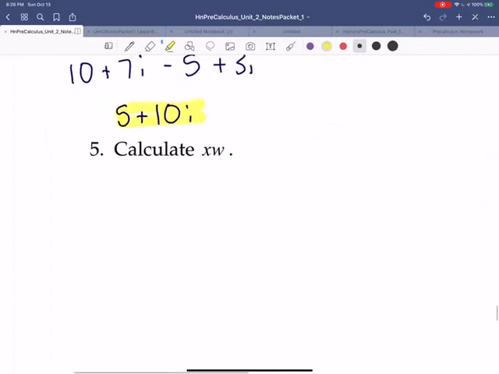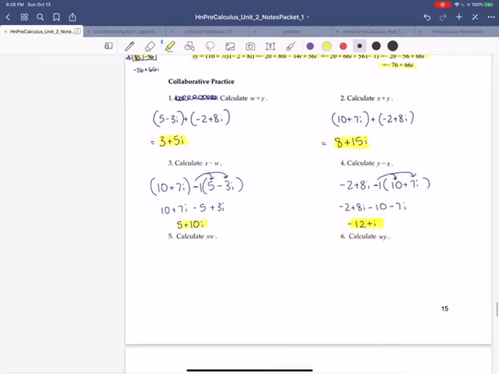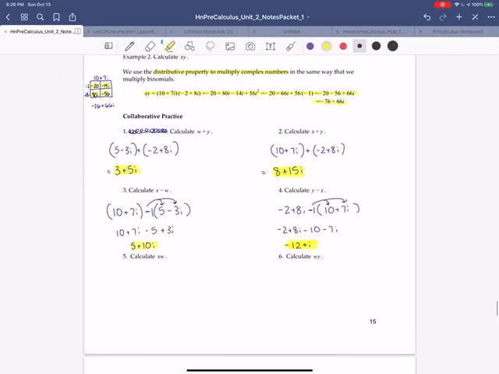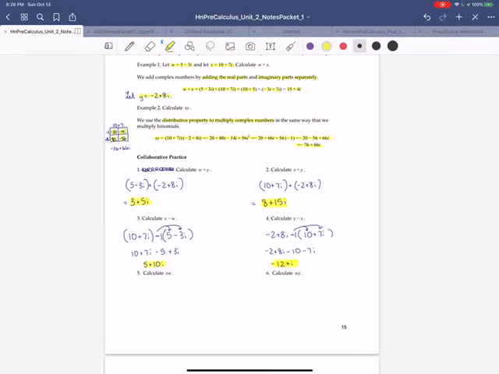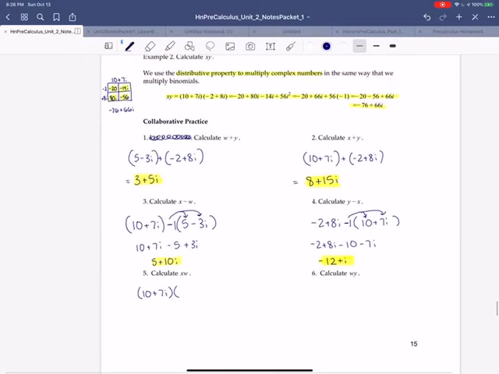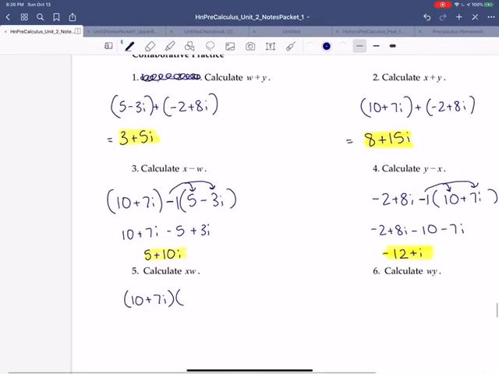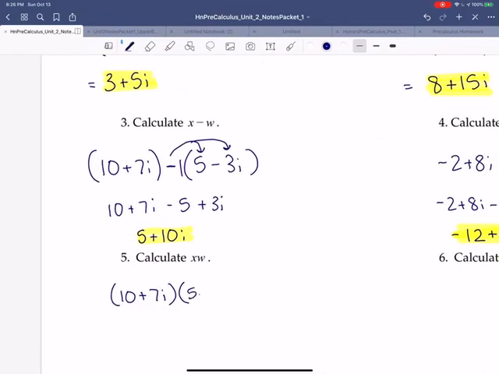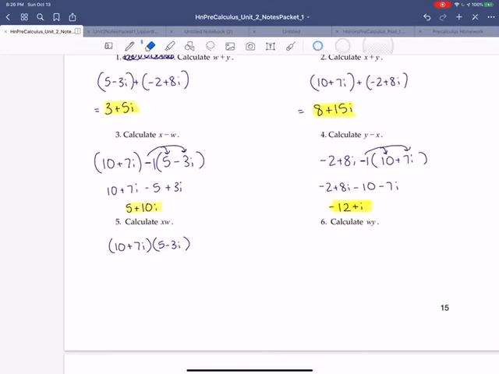Then here, I'm multiplying the complex number x by the complex number w. So I'm multiplying 10 plus 7i by 5 minus 3i. And if I create a little expansion box, this will be a little easier to do.